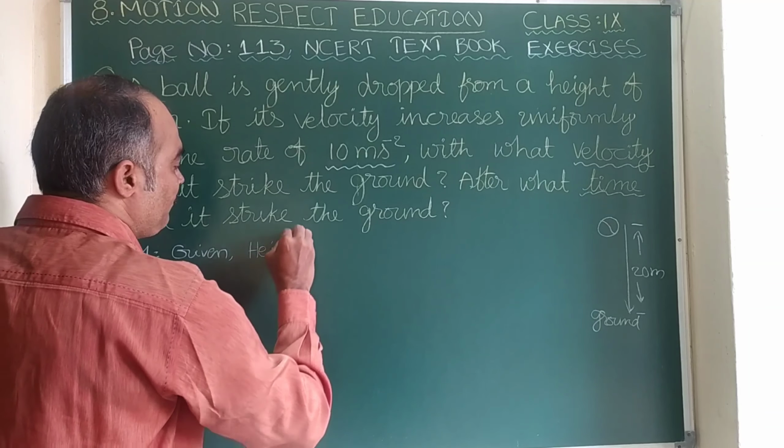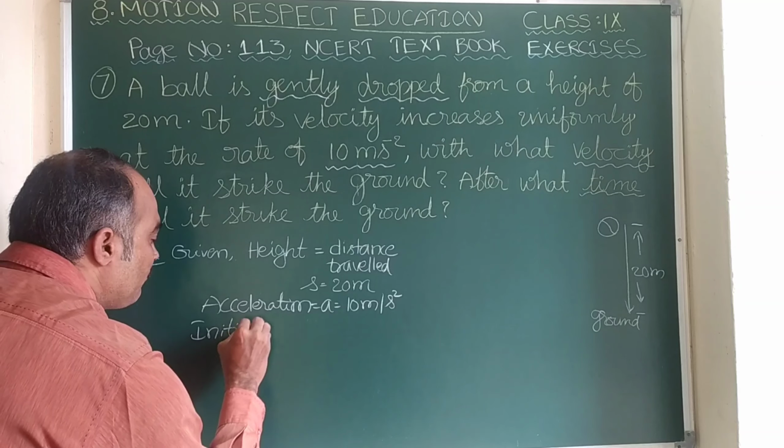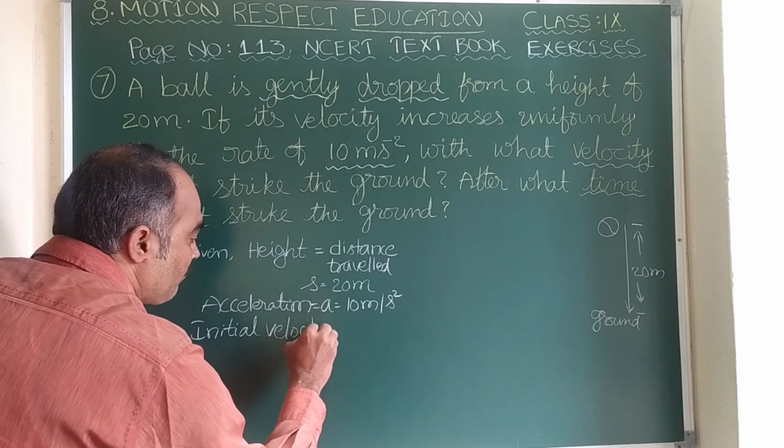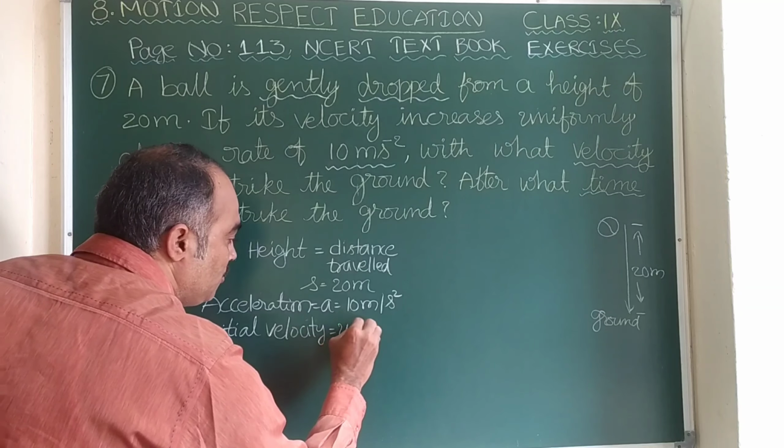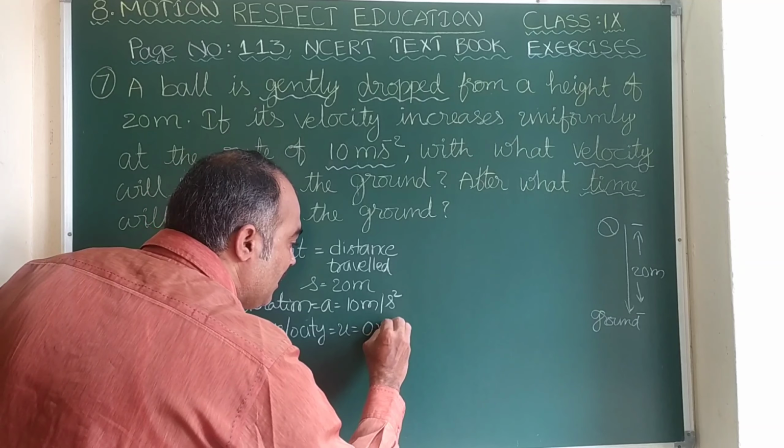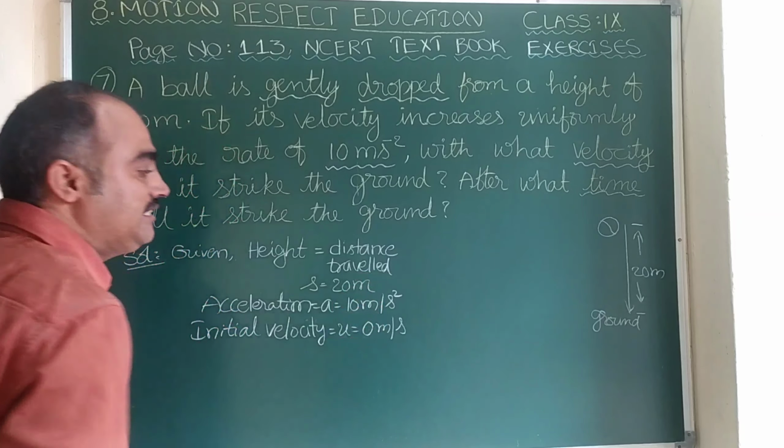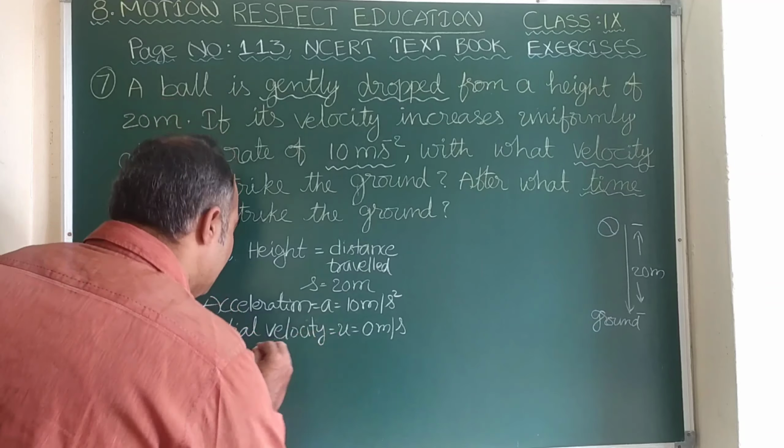Now we are asked to find the final velocity, whereas here the ball is gently dropped. It means we are not giving any external force, so it is dropped freely. In that case, initial velocity u can be taken as 0 meter per second, since the distance is in meters and acceleration in meter per second square.